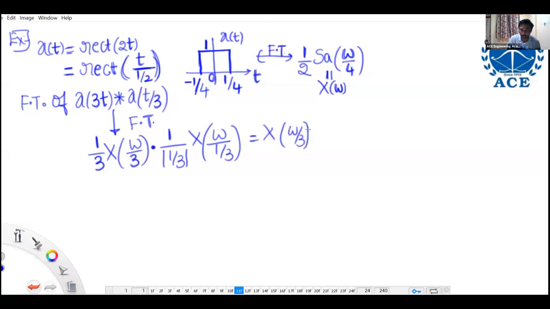X of omega by 3 into X of 3 omega. Just substitute the answer. Here alpha is 3, here alpha is 1 by 3 according to property notation. We already know X omega, substitute there, sir.